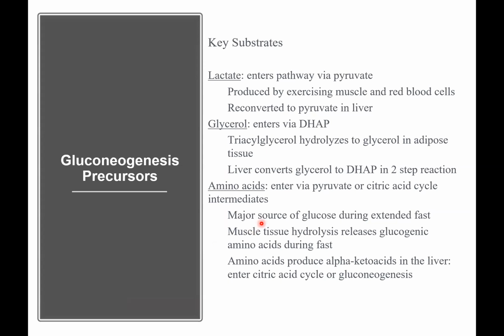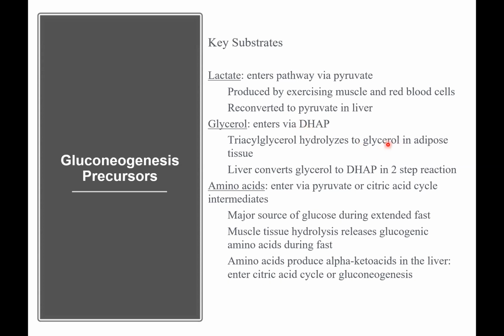Okay, so just to recap a little bit, lactate enters the pathway via pyruvate. We know that lactate is produced by exercising muscle, and it's also produced by red blood cells, can be reconverted to pyruvate in the liver and go into gluconeogenesis. Glycerol actually enters via DHAP, dihydroxyacetone phosphate.